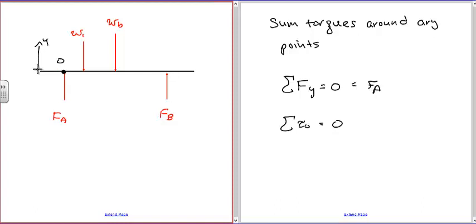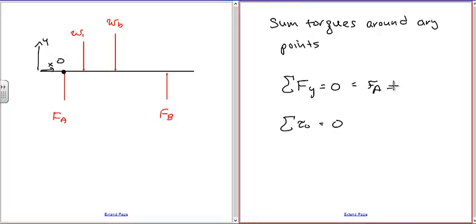With positive y and positive x, we've got force A pushing up, the weight W1 pushing down, the weight of the beam pushing down, and the force due to support B pushing up. That's how you reflect the signs. FA, W1, W2, and F sub B are all positive quantities, if we have the right direction.